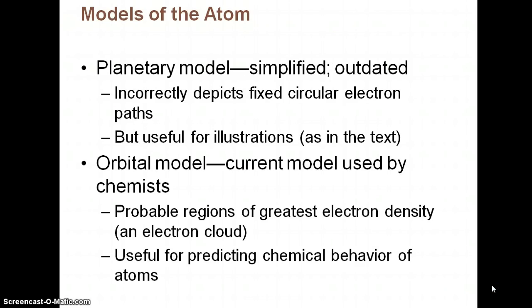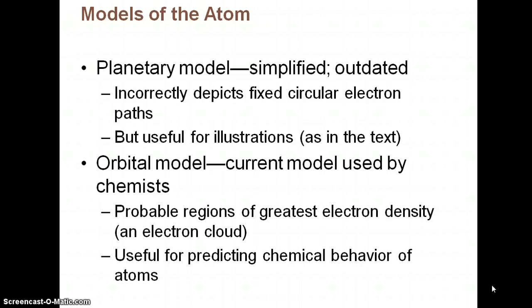So looking at models of the atom, you have the planetary model, which is very simplified. It is outdated. You'll see a picture on the next slide. You have the nucleus in the center, and then you just have rings around it representing the electron paths, but it shows them all as a circular electron path, and they know that is no longer true.